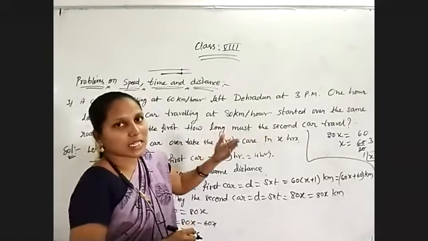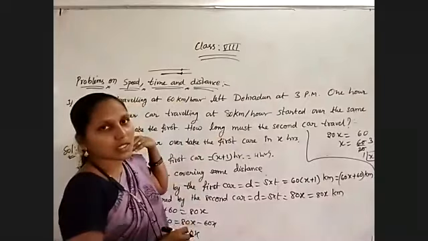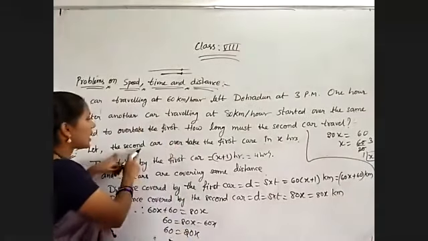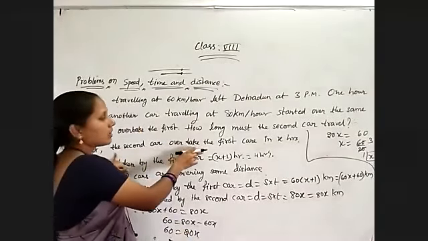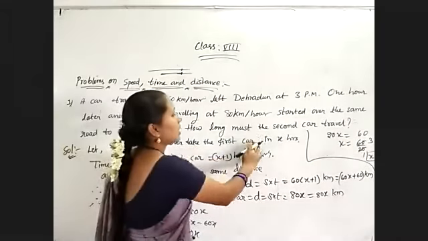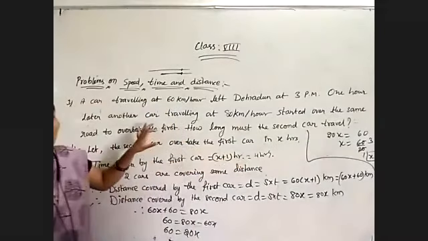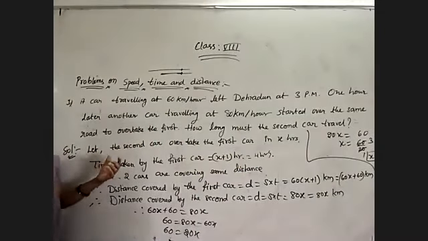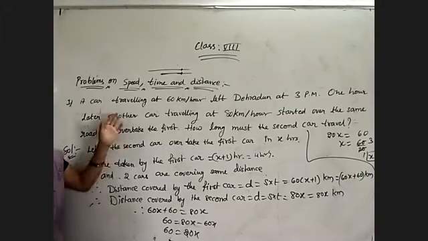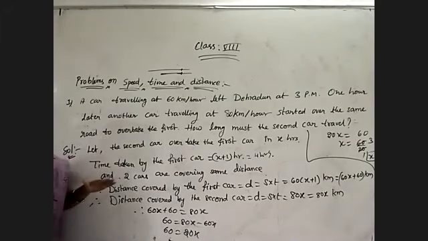So how much time the second car uses to overtake the first one, that is what they are asking. So let the time the second car takes to overtake the first car be x hours. The second car is using x hours, and the first car started 1 hour before, that's why x plus 1. So the time taken by the first car is equal to x plus 1.